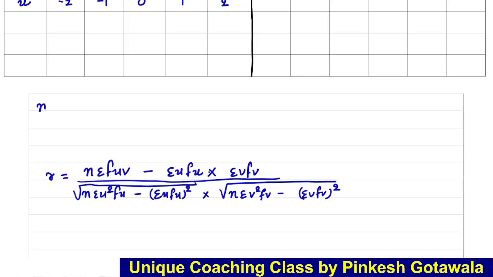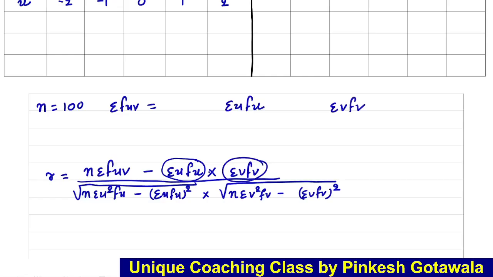First we need n; we get n as 100. Then sigma fuv. Then next we need sigma ufu, then sigma vfu, and here sigma u square fu and sigma v square fv. So normally we need these amounts.